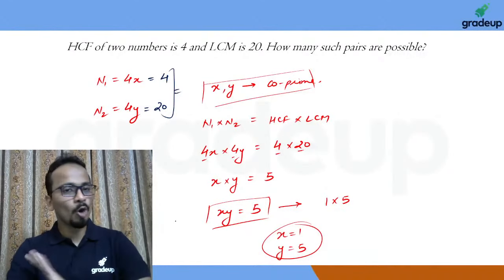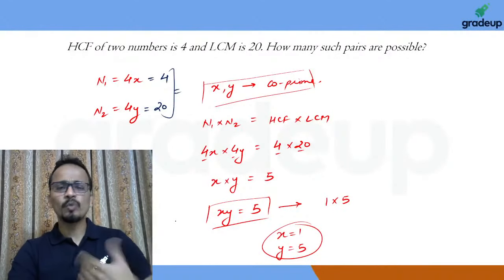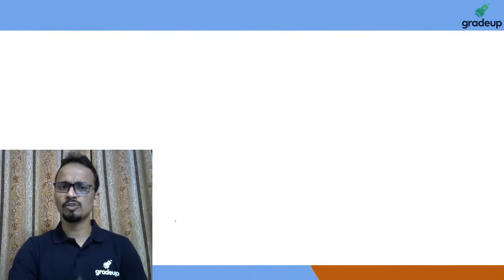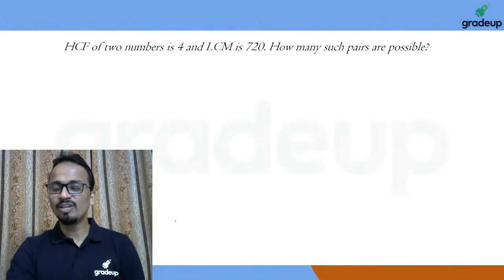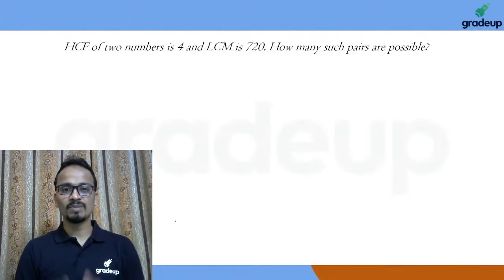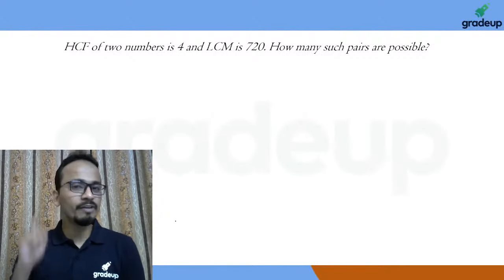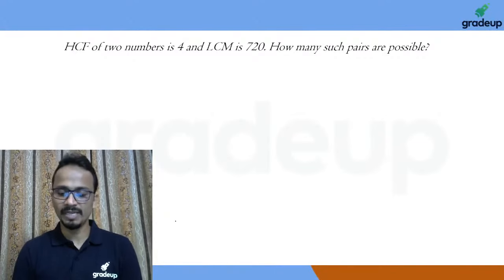Okay. So I hope all of you have understood this. I'll quickly switch over to the next question. So next question, the value of LCM is a little bigger. Now try to deal with this one. I'll give you one entire minute, one complete minute. Go ahead.